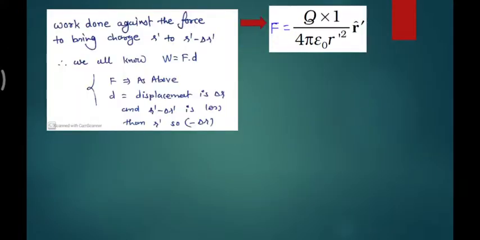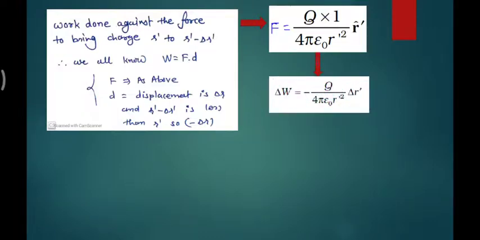Okay, and r prime minus delta r prime is less than r prime, so the delta r whatever you are coming nearer, the delta r is always final position minus initial position. But the final position comes nearer, so it is shorter than the initial position, so obviously the subtraction is going to be negative. So W is equal to F D, so that F you put here, and D is nothing but delta r prime, and this is obviously negative.